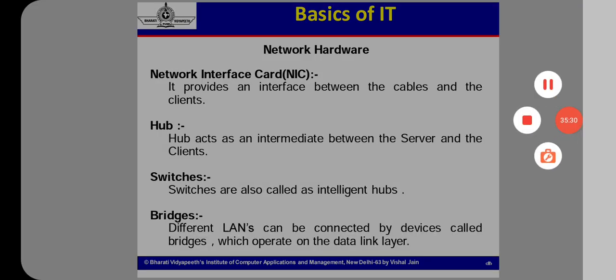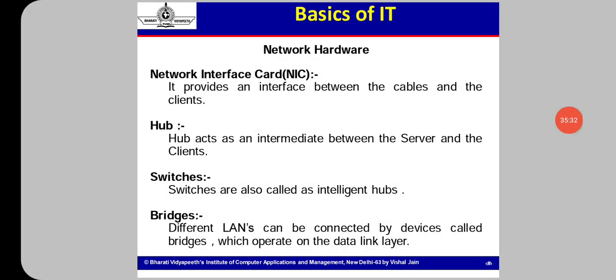So next is network hardware. It is also one of the essay type questions coming from the 5th unit, data communications. What is network hardware, or what are the different types of hardware used in networks? Generally in any network we use different network components.